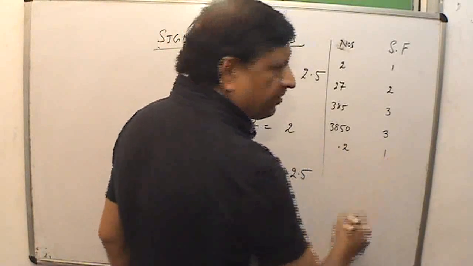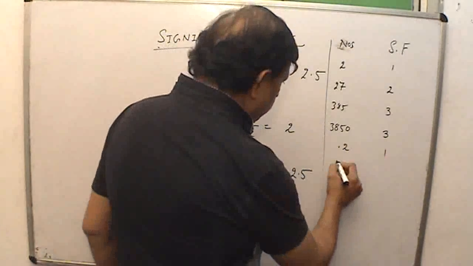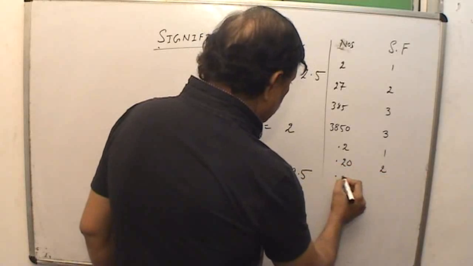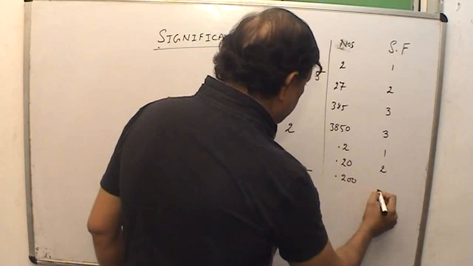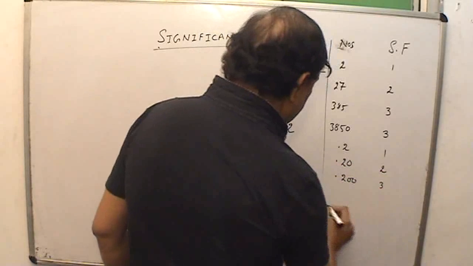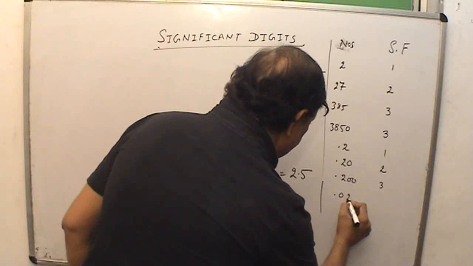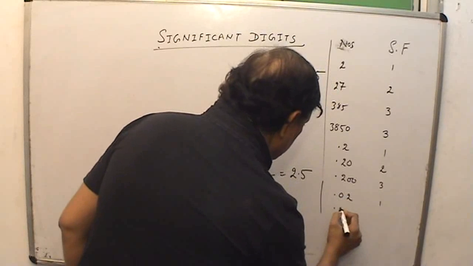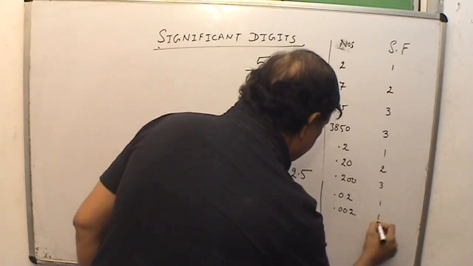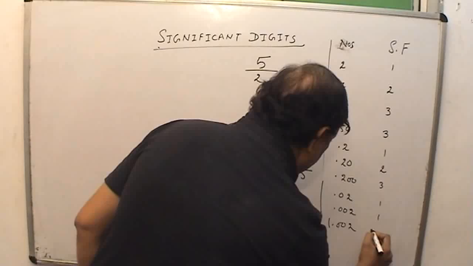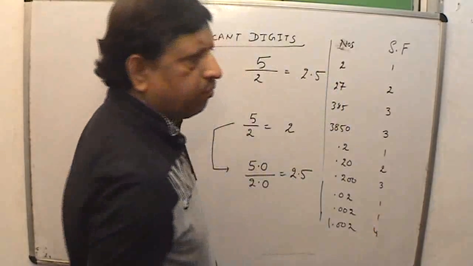So what about this? 0.2, again significant digit 1. 0.20, significant digits 2. 0.200, significant digits 3. But 0.02 has significant digit 1, 0.002 has significant digit 1, but 1.002 has significant digits 4.